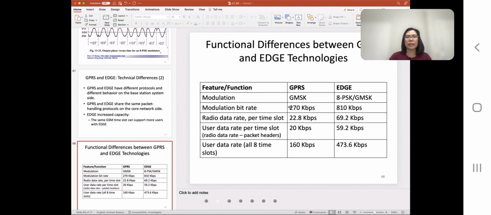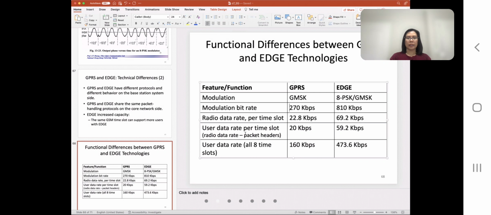The modulation rate is 270 kilobits per second; this one is 810, about 3 times. The radio data rate per time slot for EDGE is also about 3 times higher than GPRS.